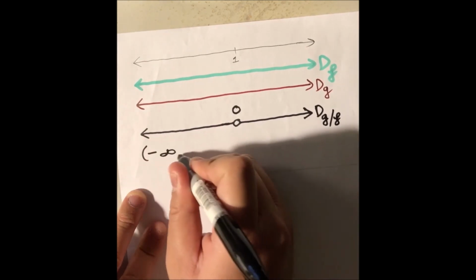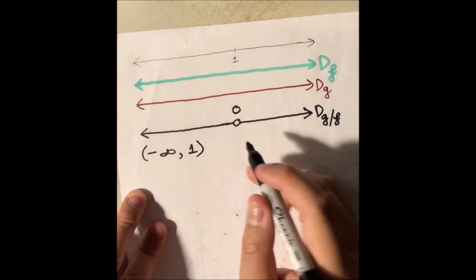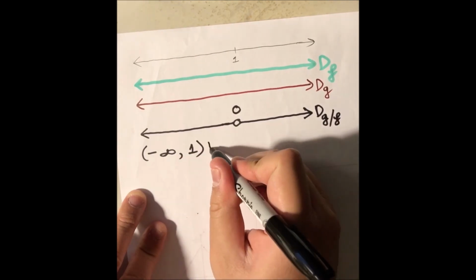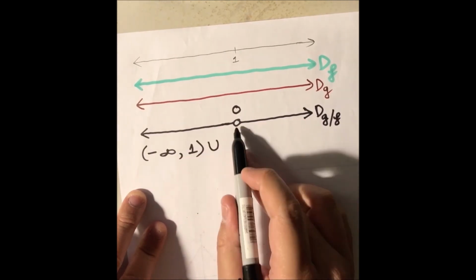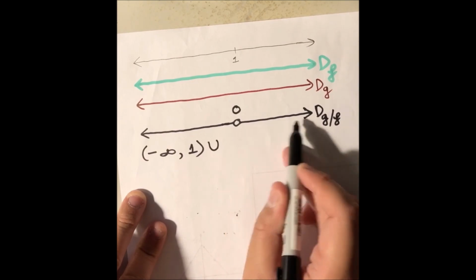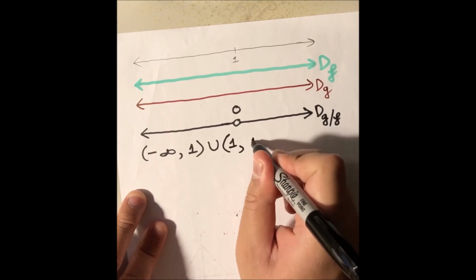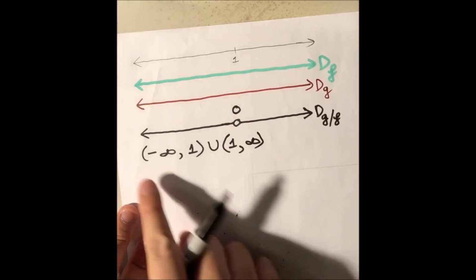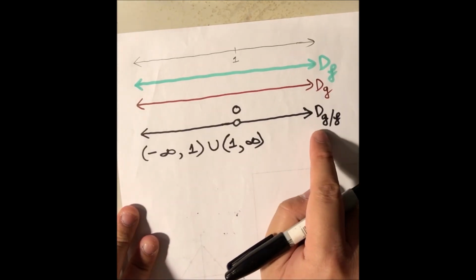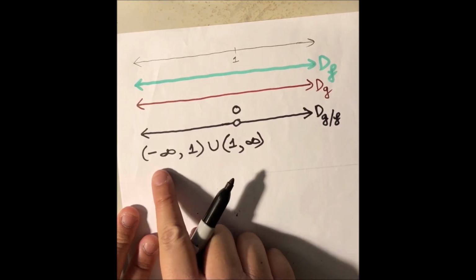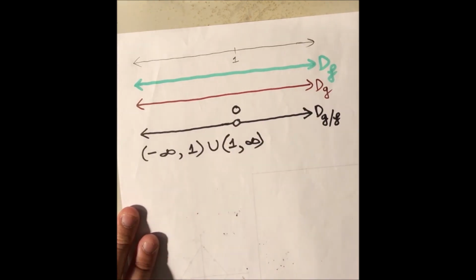So that's negative infinity, comma, 1. Put a union sign to go to the next part, from excluding 1 all the way to positive infinity. So that's an open interval. This is the interval notation of the domain of g over f. It is read as all real numbers except x cannot be equal to 1.